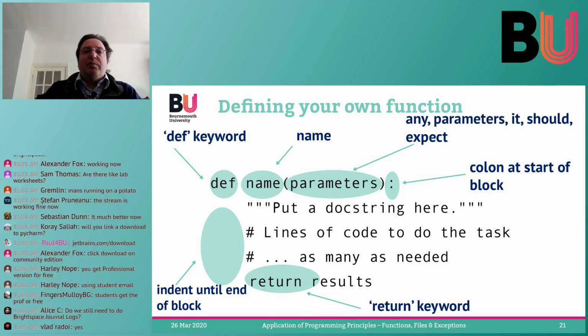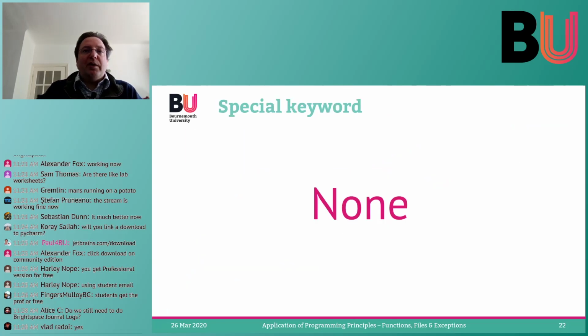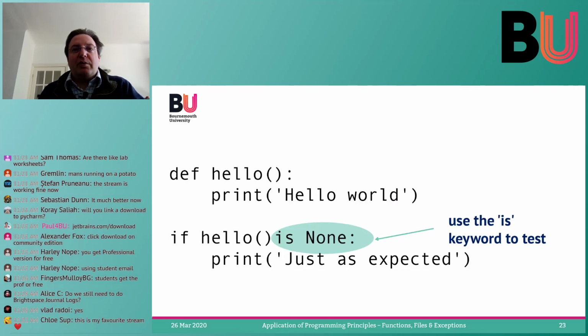So there is one thing that we need to think about, which is the keyword None. That is a kind of return type for a function that does not return anything. So how does this work?